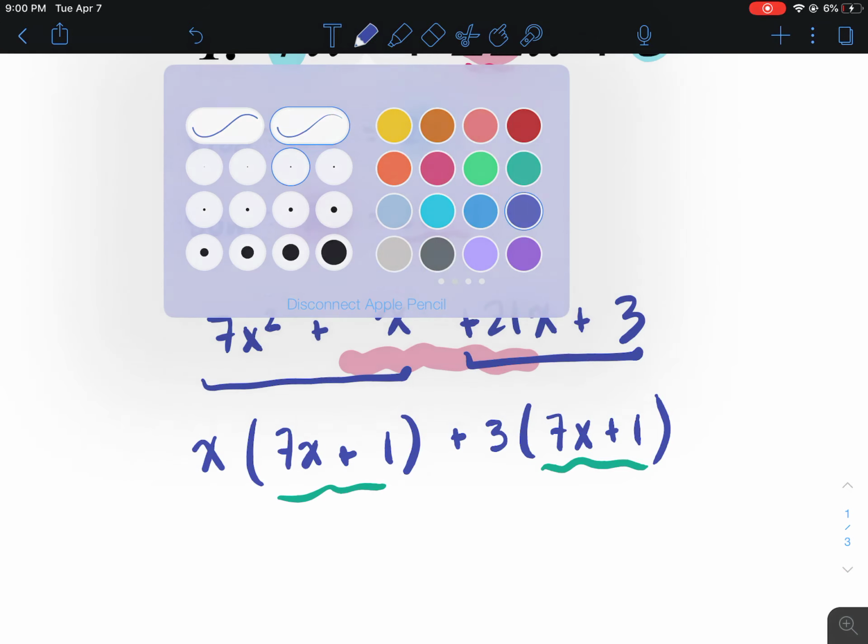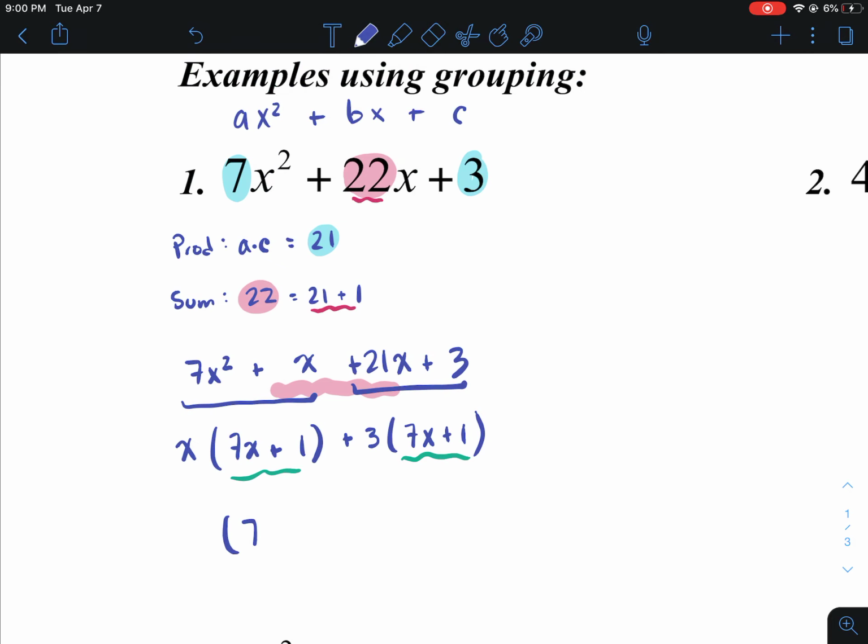So then we're going to factor out that 7x plus 1, and we're left with the x plus 3. Okay, so hopefully you're seeing that this method is taking away the guessing, right? Once we figure out the numbers that make this work, we can very systematically break it up and factor using GCFs to end up with our fully factored form, okay?